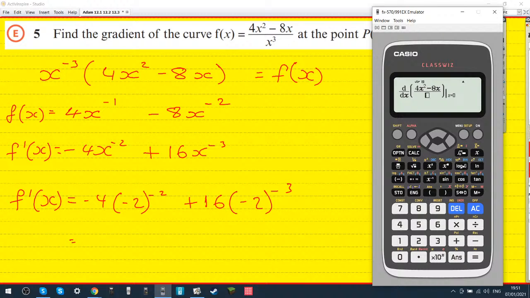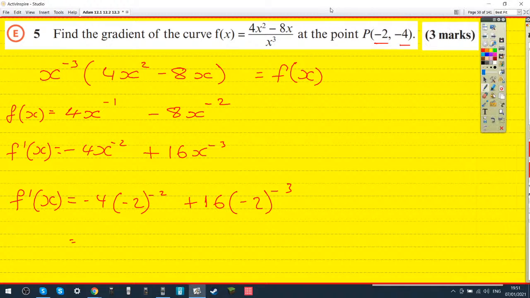I got minus 3. And so I'm just putting the original question in the calculator. Yeah. 4x squared minus 8x over x cubed and x equals minus 2. And yeah, I verified the answer is minus 3. Yeah. Great.